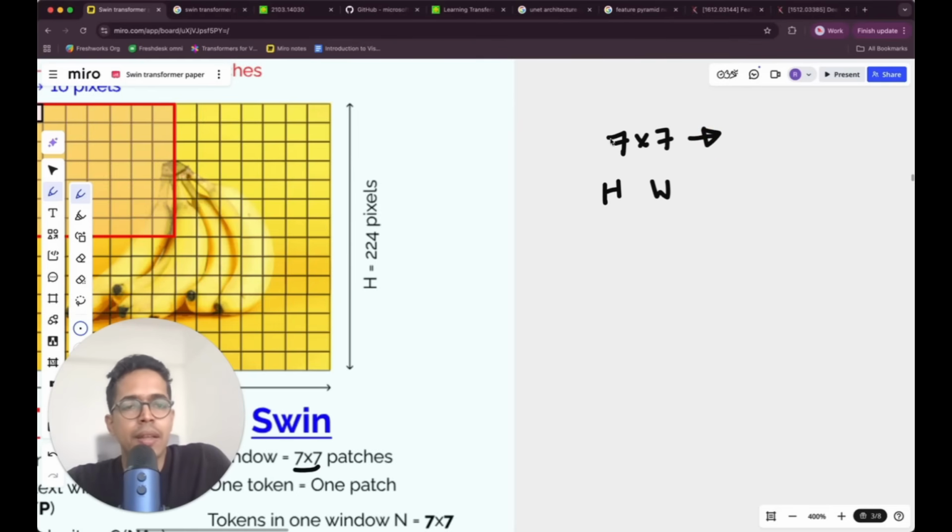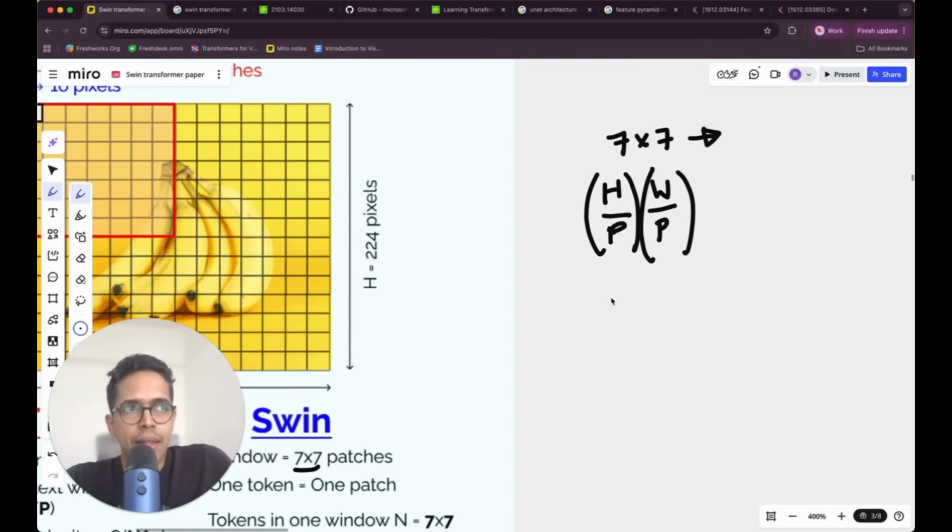So each window is a 7 by 7 patch, and total number of patches is H by P multiplied by W by P, correct?